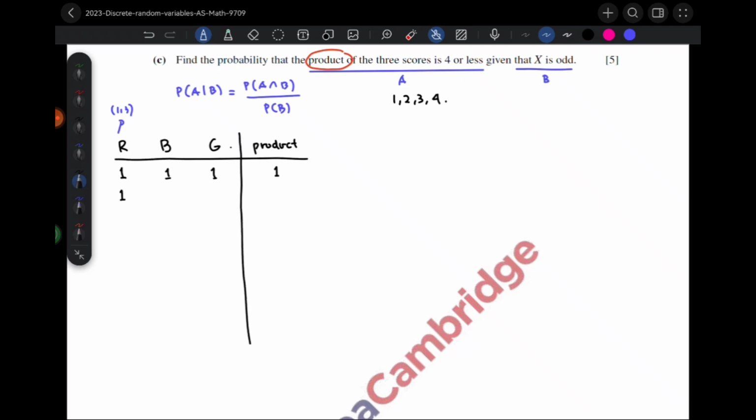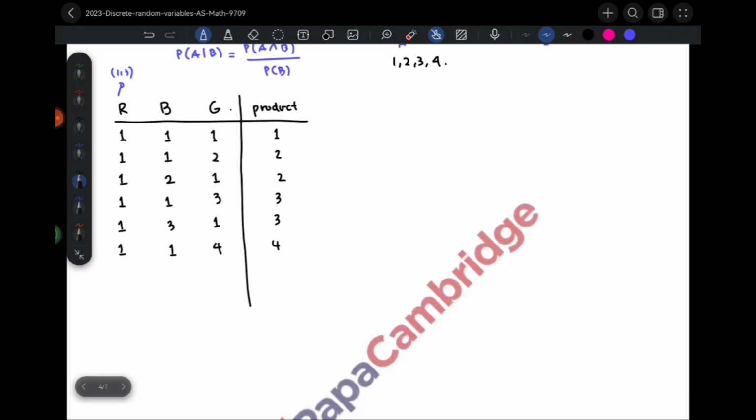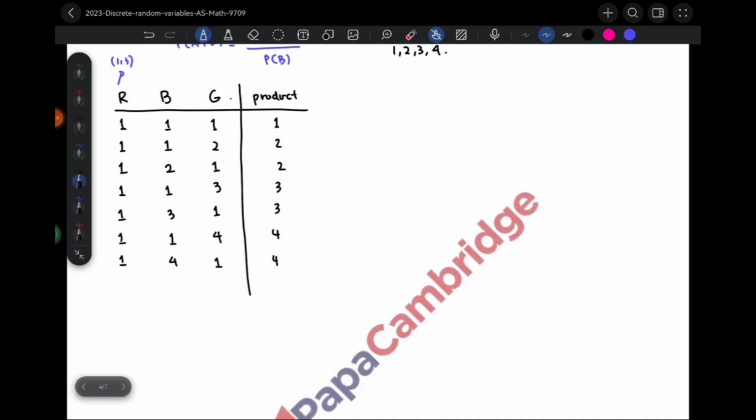It can be 1, 1, 2, product is 2. It can be 1, 2, 1, product is 2. It can be 1, 1, 3, which is 3, 1, 3, 1, and 1, 1, 4. It can be 1, 4, 1, still satisfied. And we have 1, 2, 2, don't forget that, which is also 4. And then I think it's done for R equals 1.